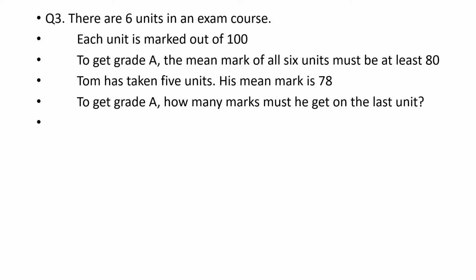So the first thing that I'm going to do is have a look at how many marks Tom has already got altogether. We're told that he's taken 5 units and his mean mark is 78. So we can work out the total number of marks over those 5 units, because we know that the mean is equal to the total divided by the number of instances.